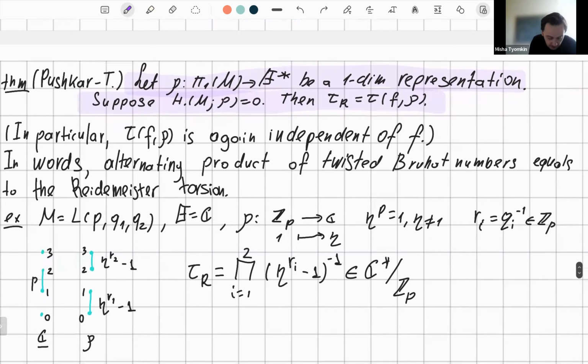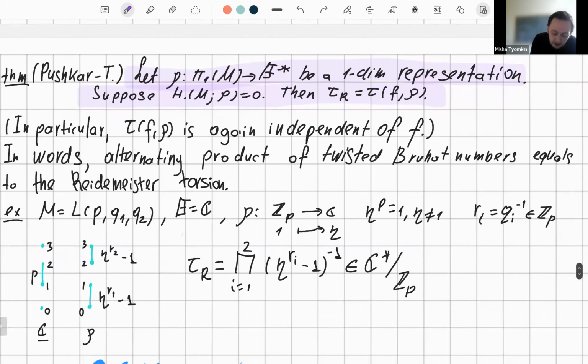So I take F to be C, I take the representation which maps the unit in Z_p to the primitive root of unity, and the two barcodes are given on the left.